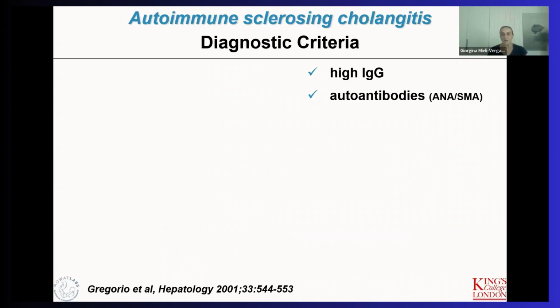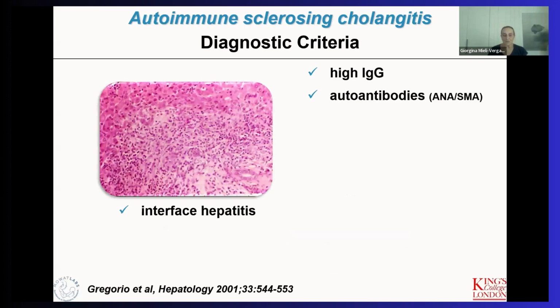The diagnosis of autoimmune sclerosing cholangitis is that of high IgG, presence of autoantibodies, usually anti-nuclear antibody, anti-smooth muscle antibody, and a liver histology with interface hepatitis, as I described before.